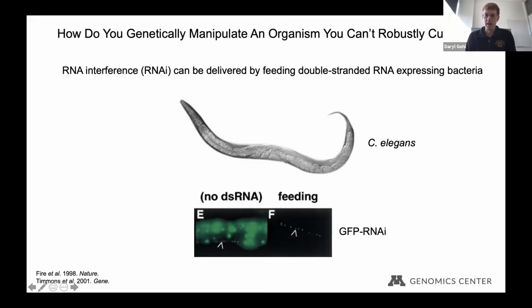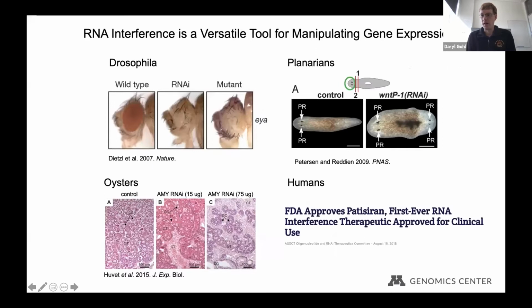It was found that this generalized to a variety of other organisms, and the researchers who originally discovered this got the Nobel Prize for this discovery, because this approach can be applied very broadly to manipulate gene expression in a variety of organisms. So I'm showing some examples here from Drosophila, from planaria, importantly from oysters, so another bivalve where this RNA interference technique has been applied.